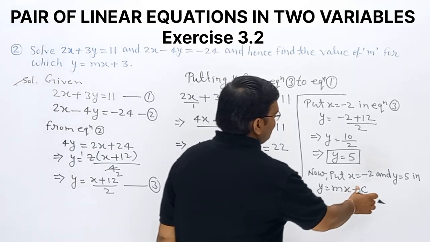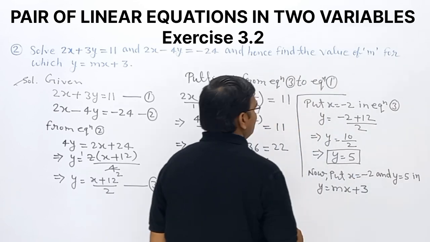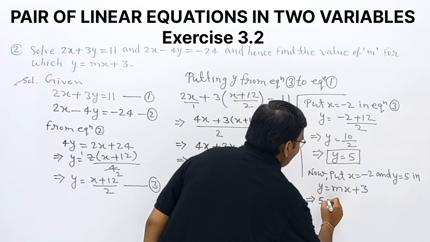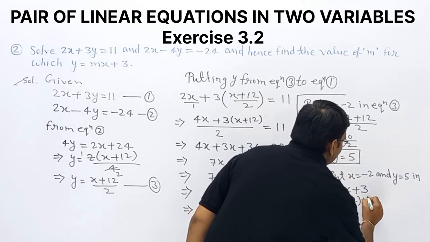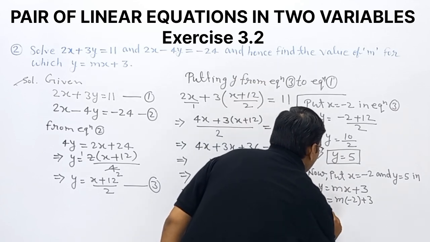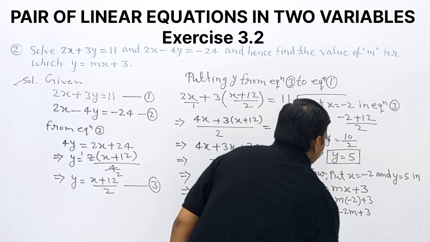Not c, mx plus 3. We want to find the value of m. Clear? So y is 5, m times minus 2 plus 3. Solve this one. y equal to minus 2m plus 3.